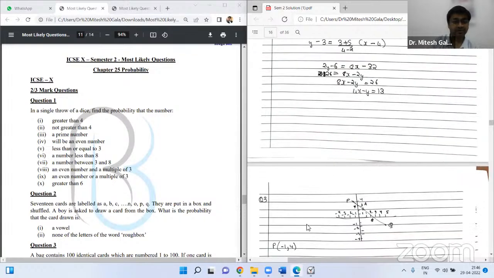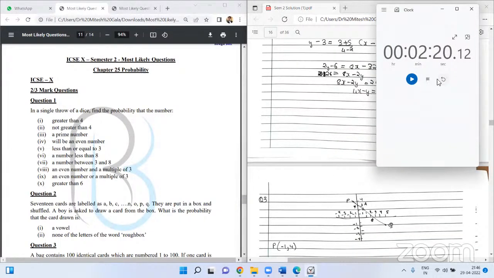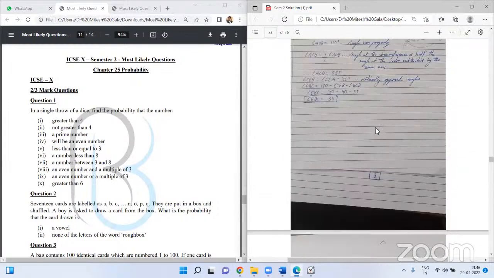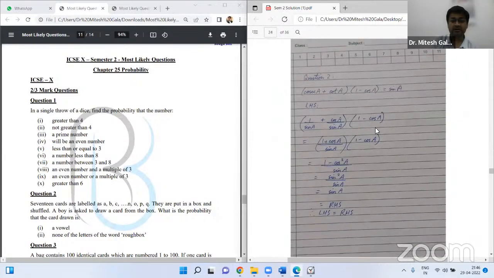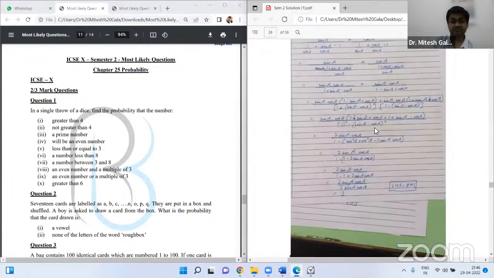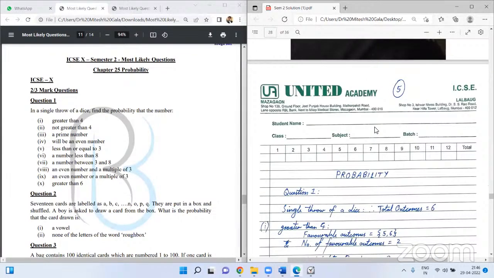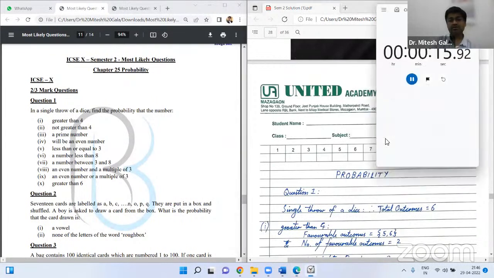Find all 10 parts. Sir, the card questions have been removed, no? Card questions you can be asked very rarely. Rarely they ask because people don't have much motivation for cards. Sir, 2 dice and 3 coins are not there, no? No. Chalo, at least 5 minutes max, you should get all parts of this.